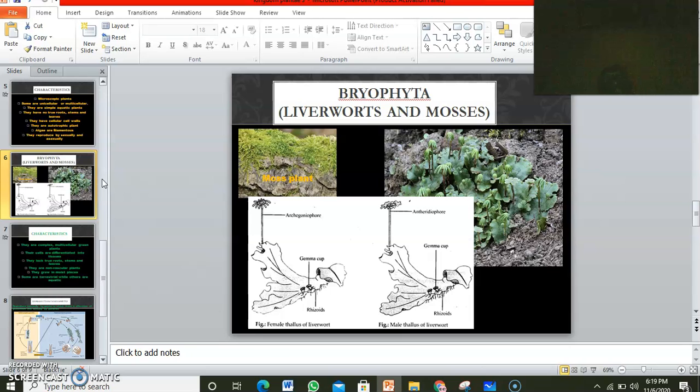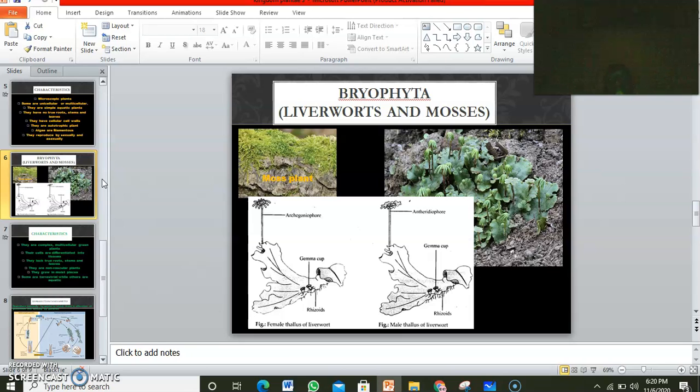The second one is the Bryophyta. Now, Bryophyta is a bit higher plant than the Thallophyte. Thallophytes are usually single cell organisms, but some can be in the form of tissue. But this one has more than one cell, more than two cells.